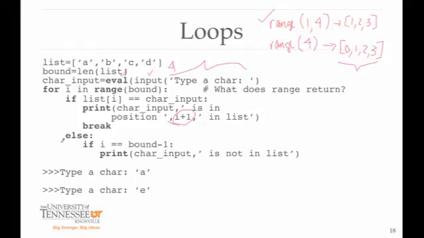If it's not, I'm going to test if I'm at the end, if I've searched through the list, because if I is equal to bound minus 1, in this case position 3, then I must not have found it. Okay, because that means I has iterated completely through that list: positions 0, 1, 2, and 3. That's clear. I think the code is fairly straightforward.